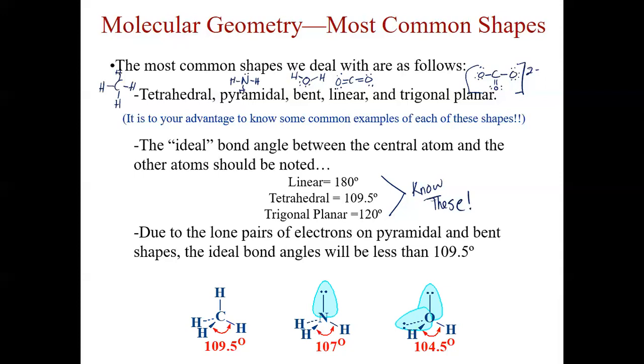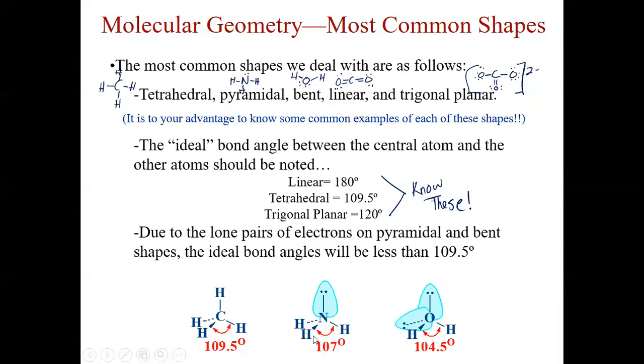And then with water, it still has a tetrahedral electron geometry, but again, because we have lone pairs, these two lone pairs give a less than 109.5 degree angle between these bonds, and so it's 104.5 degrees. Most of the time your justification is because the lone pair takes up more room.